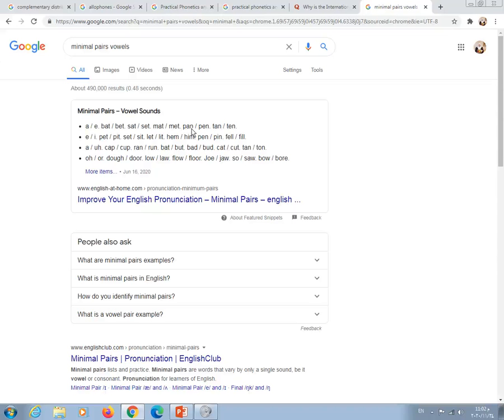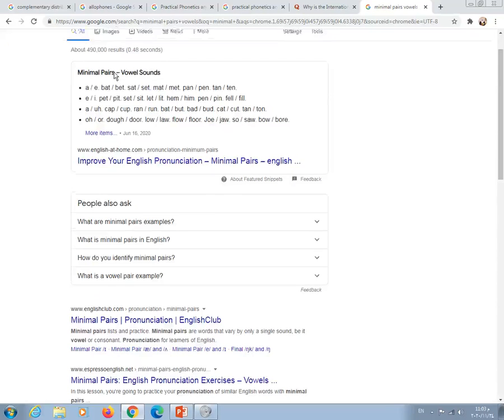Look at pen and pen, ten and ten. Changing a sound leads to a change in the whole word. So as long as change happens and meaning difference happens, this means that what we changed is not an allophone, it's a phoneme. A phoneme. Okay? And of course there are images.